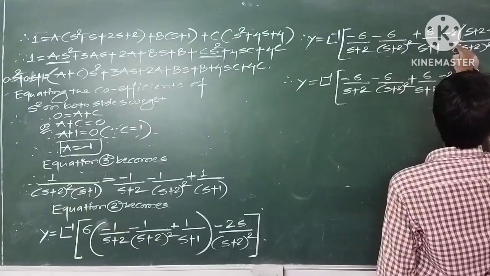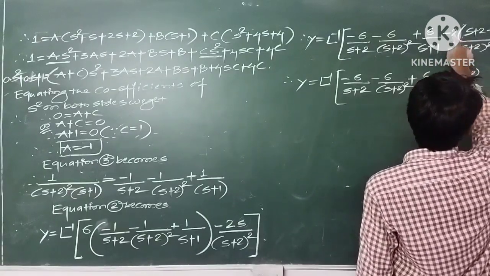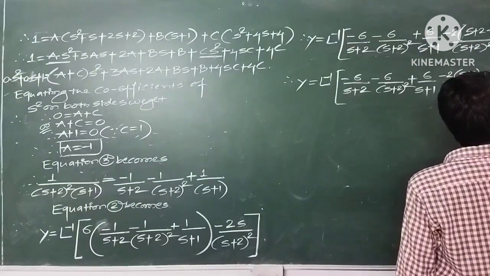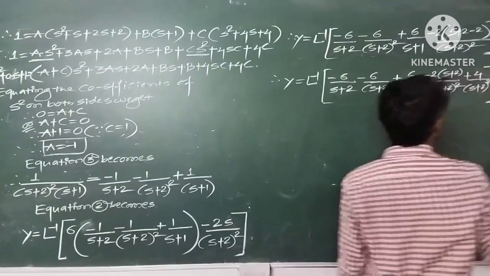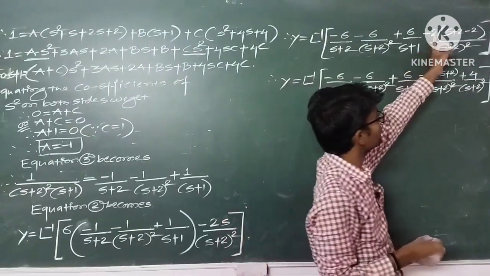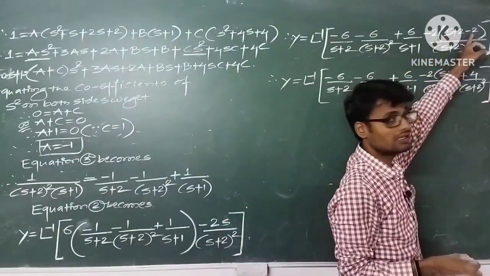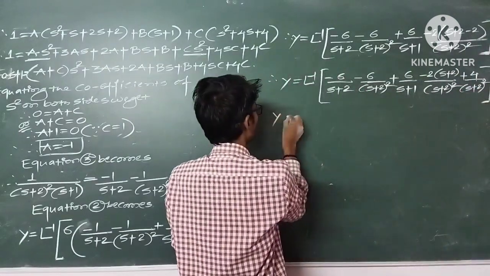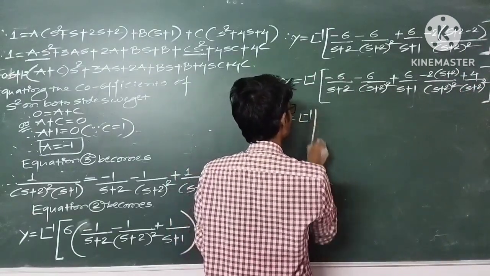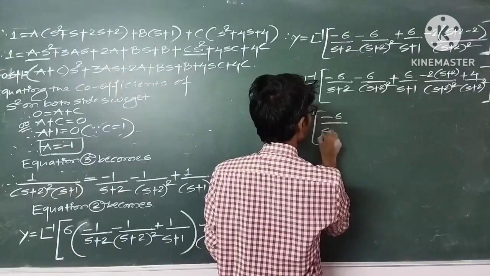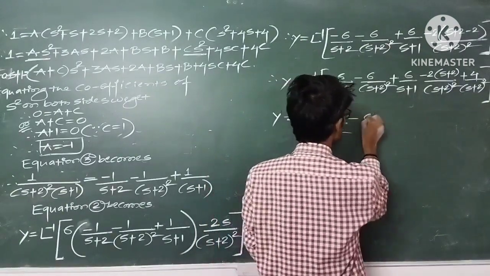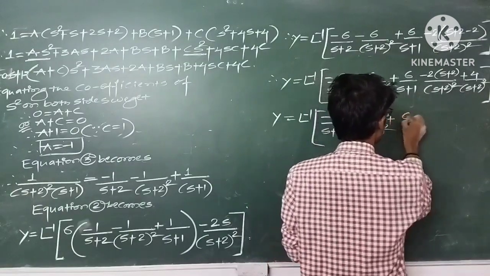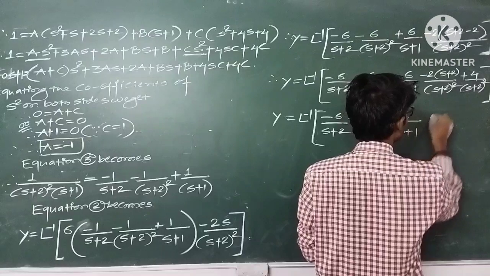Next, minus into minus plus 4 divided by (s plus 2) whole square, bracket complete. See the simplification: minus 2 into s plus 2, minus into minus plus 2 to the 4 divided by (s plus 2) whole square.